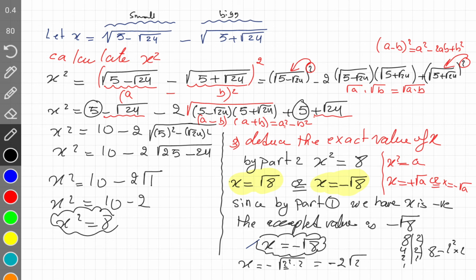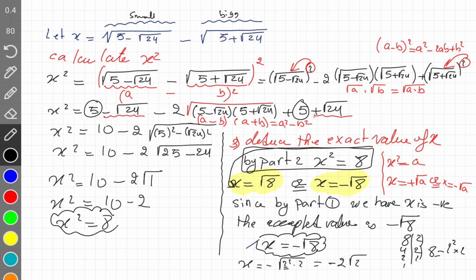The conclusion we should deduce is that whenever I want to compute x squared, or any variable to the power 2, I must study its sign, because when I go back to get x, notice here x squared is equal to 8, we have two values: x equal plus radical 8 or x equal minus radical 8. There is no real number in mathematics having two values.